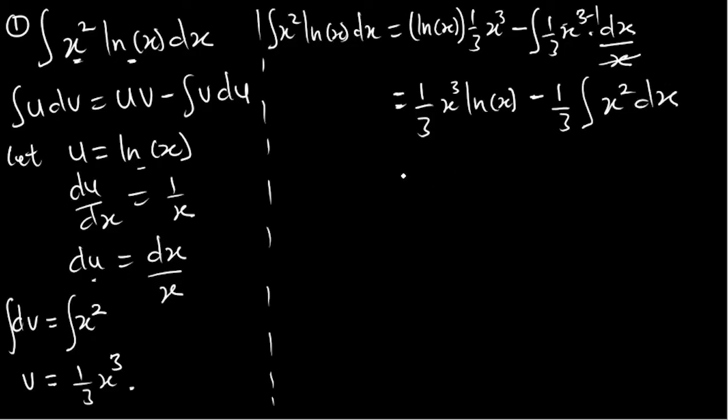We remain with the integral of x square dx. So we'll have the equation as 1 over 3 x cube ln x minus 1 over 3 the integral of x square. To integrate x square, you add the power, then you divide by the sum.